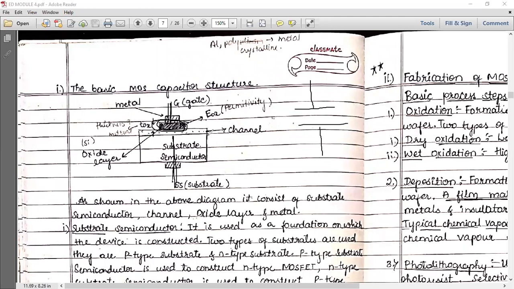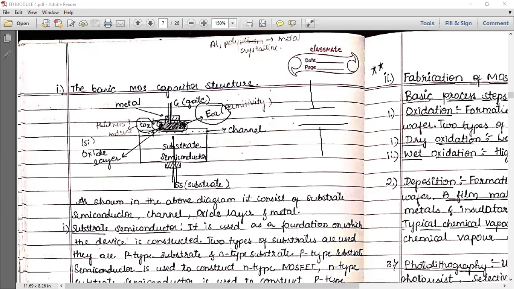The capacitance of this structure depends on the thickness of the oxide layer, called Tox here, and the permittivity, epsilon x, of this oxide layer, the dielectric medium.